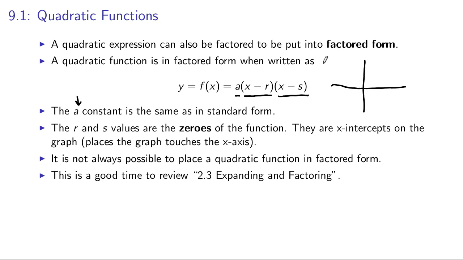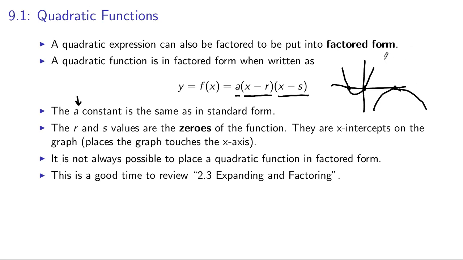Since the graph of a quadratic is a parabola, we have several different cases. We may have two zeros of the function, two places it touches the x-axis. We might just have one, if r and s are the same number, which would happen when the quadratic is a perfect square.